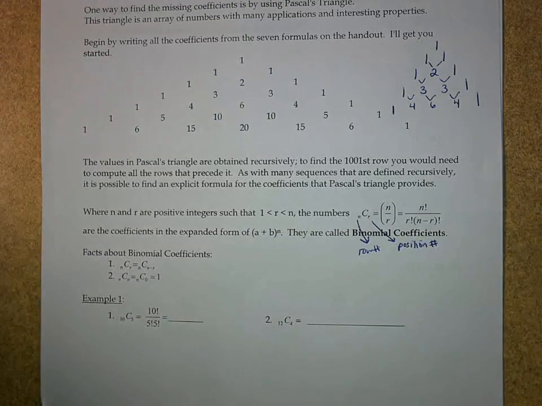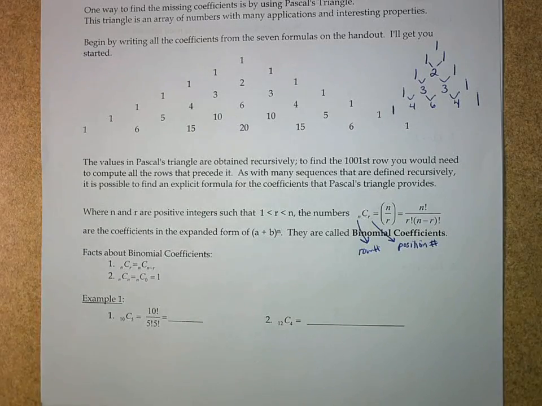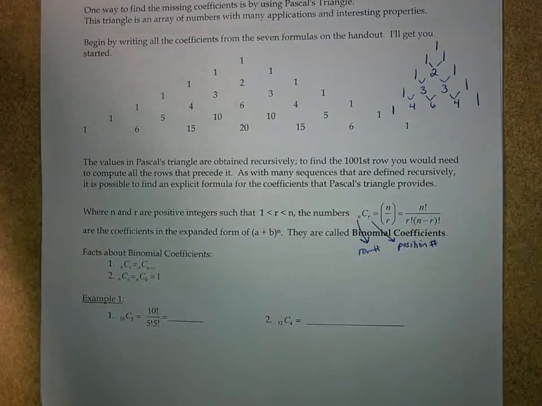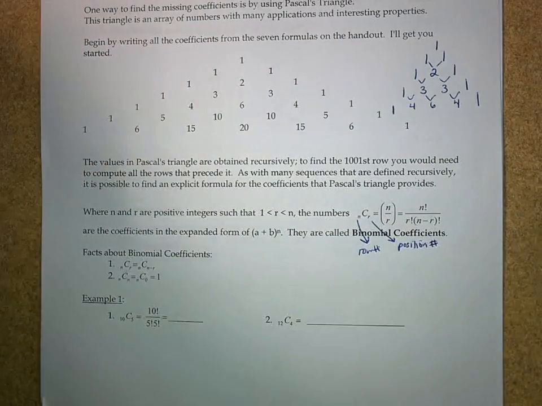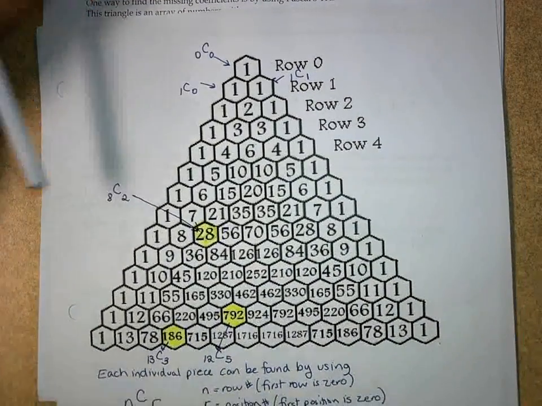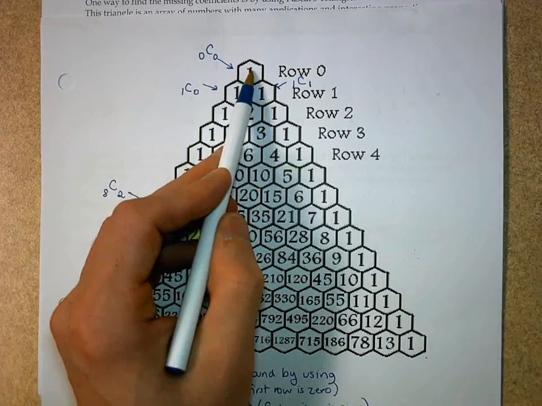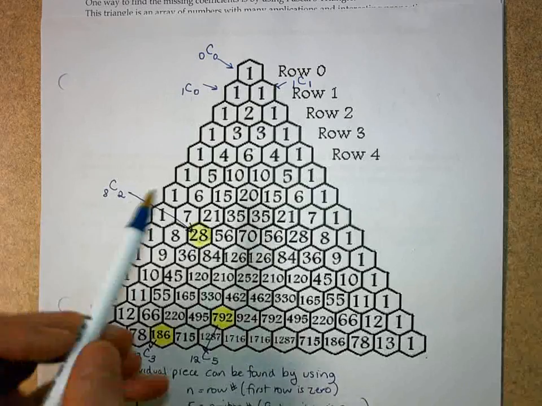So if I wanted to figure out a specific portion of Pascal's triangle, I can look at it from a row and position perspective. I'm going to pull out an example of Pascal's triangle here. And here's Pascal's triangle. The very top one is row 0, position 0. So this honeycomb square is 0 choose 0.